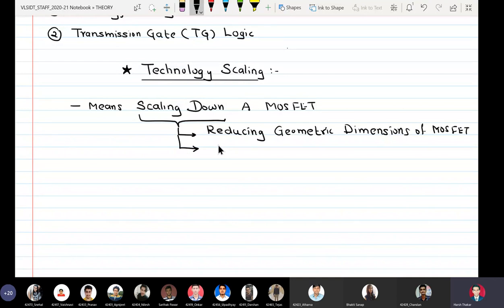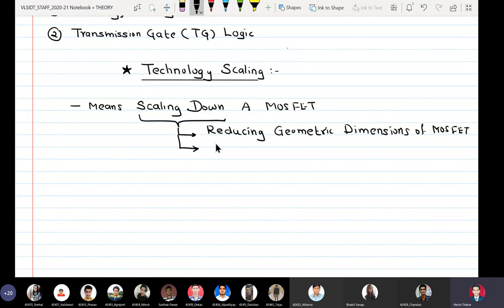Same thing happens. If a particular sized MOSFET needs 3.3 volts to operate, then when you scale down the MOSFET, when you reduce its geometries, it is expected to operate at bias voltages lesser than 3.3. That is why if we see the technology roadmap, when transistors were as big as 500 nanometer, they needed 5 volts.